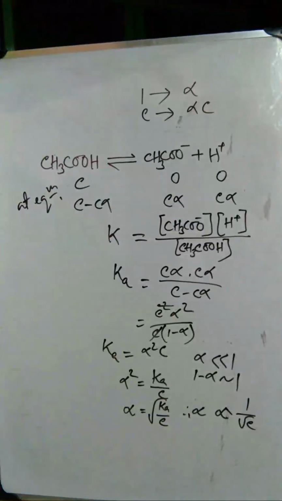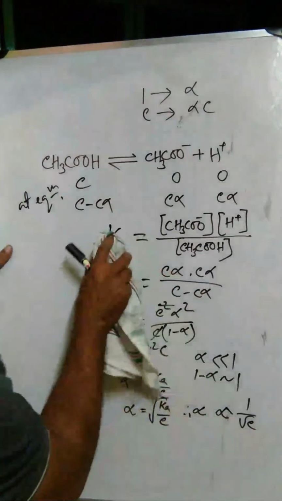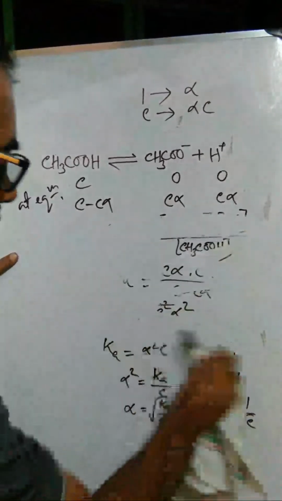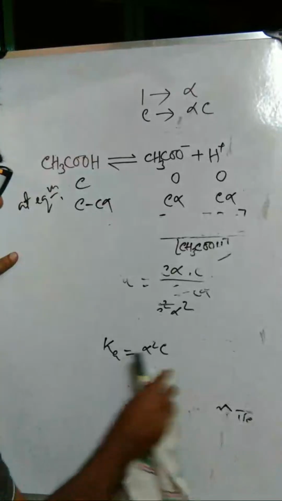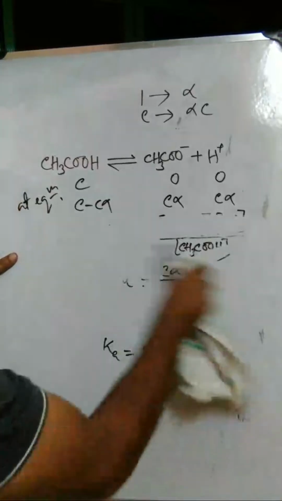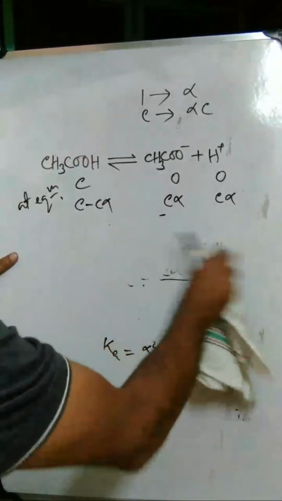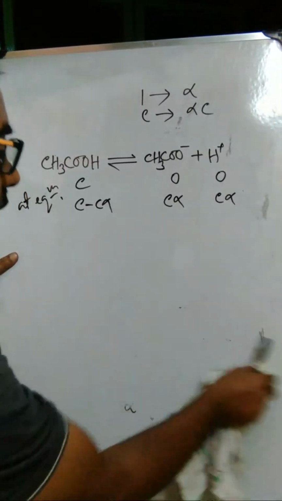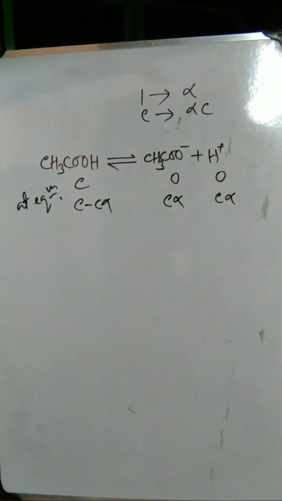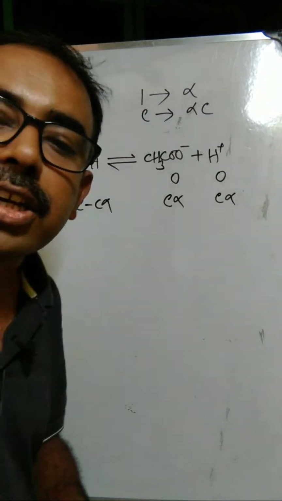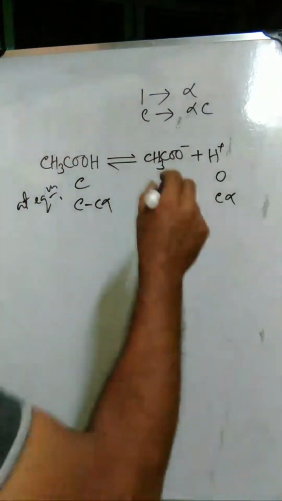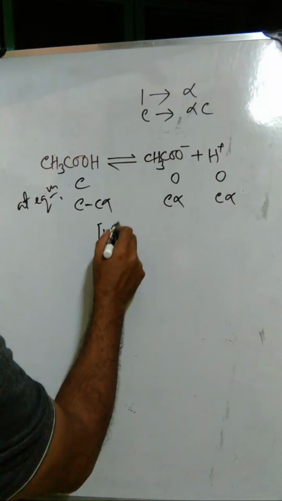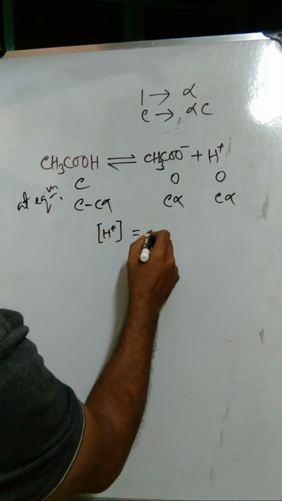Now let's see what happens again. We also have the equation Ka equals alpha square C. Now by using this, we can get the expression for the concentration of H plus ions. Here the concentration of H plus ion at equilibrium is C alpha.